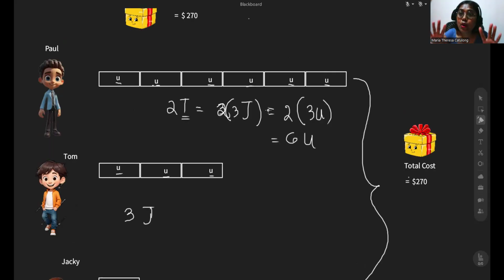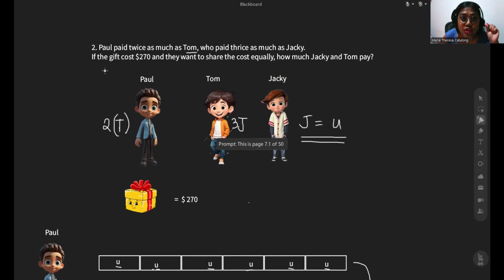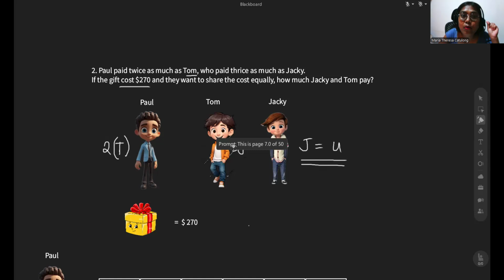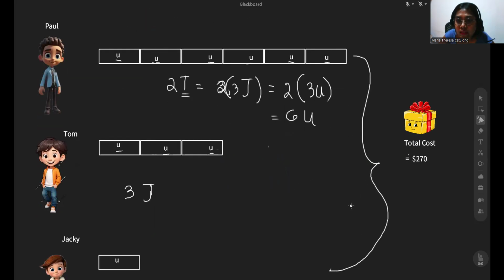Now, we know the number of units that each of them has, and the cost of the gift is $270. They want to share the cost equally, so how do we share equally this $270 into 10 units? Where did I get the 10 units, class?